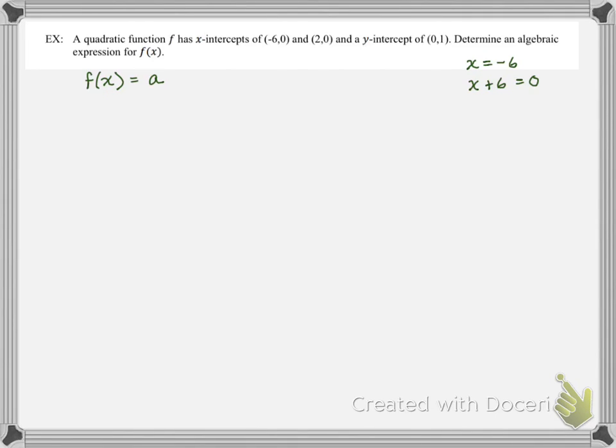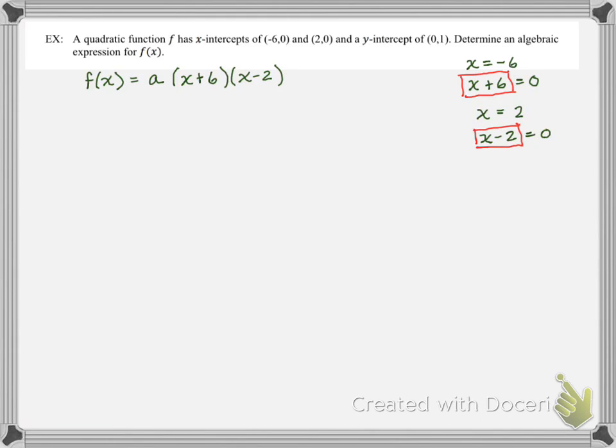If you add 6 to both sides, you get x plus 6 equals 0, and so x plus 6 is the factor. And if x equals 2, I can subtract 2 from both sides to get 0, which means that x minus 2 is a factor.